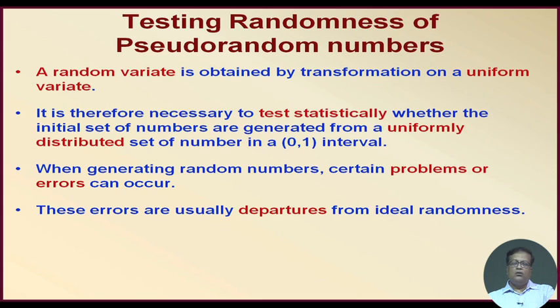You see, not all numbers are uniformly distributed. In our queuing example, please recall, we said that arrival is Poisson or service time is exponential. So look here, if arrival is Poisson and the random number you get is uniformly distributed, it will not do.